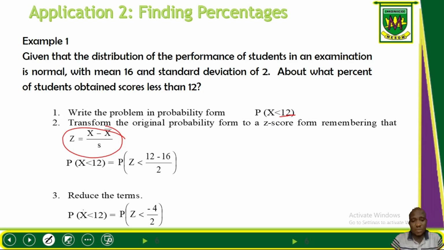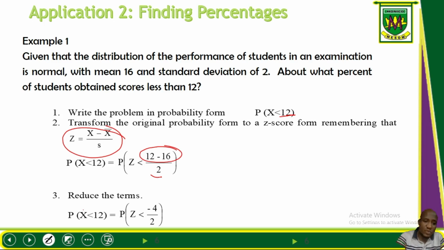But this time around, you can see I'm moving towards the left direction. So you don't have to be confused. We are using the same formula. The value in the question will come before the mean. Then you subtract the mean from the value in the question, and the next thing is you divide your answer by 2.